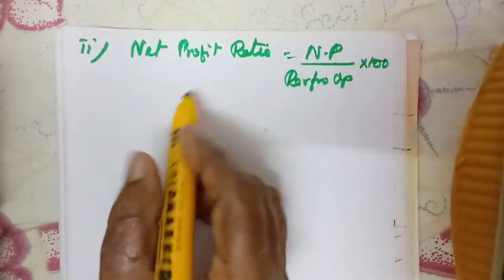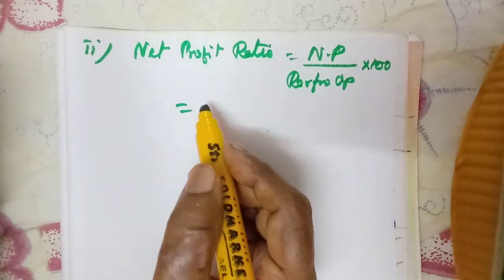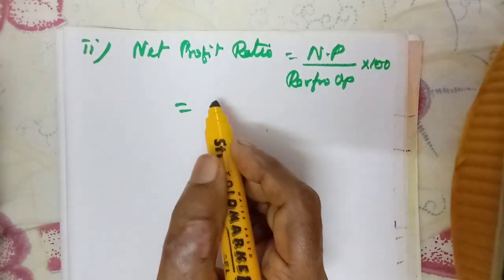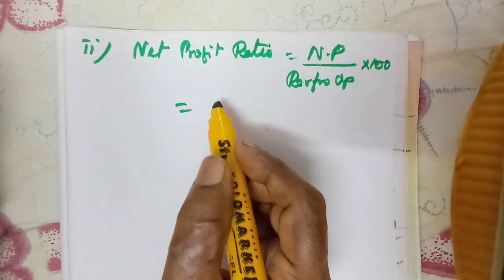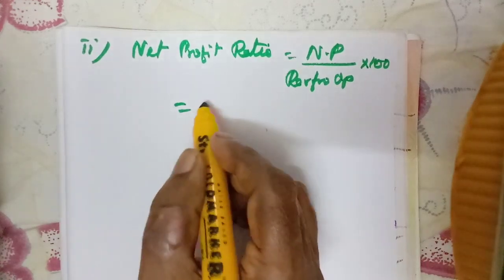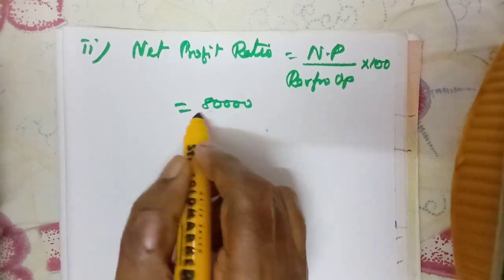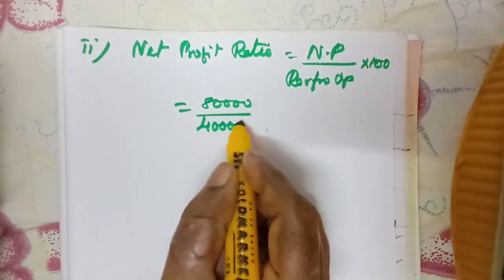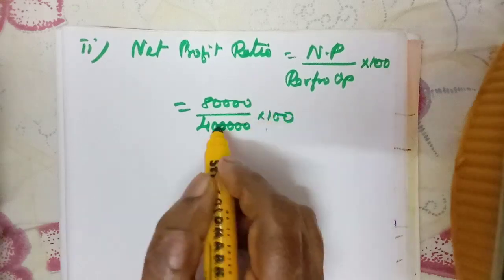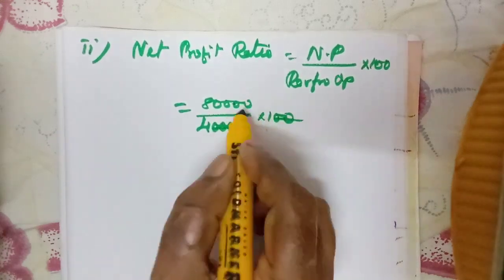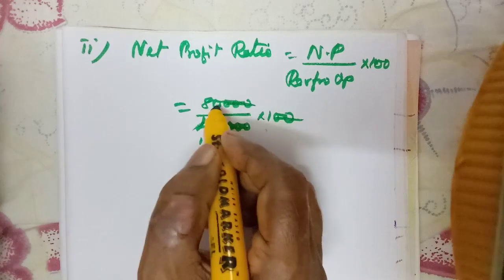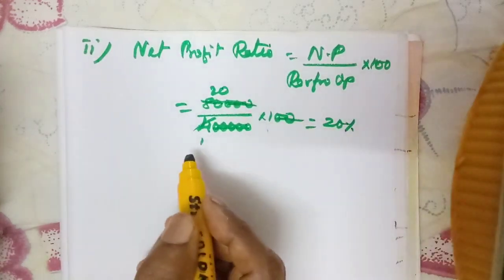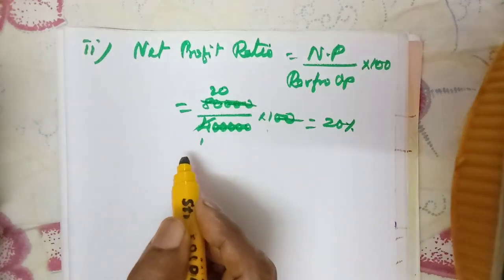Now net profit is given, 80,000, that is the last one, Roman number 5 in the table, profit before tax 80,000. Then revenue from operation 4 lakh into 100. 80 by 4, 20. So 20% is the net profit ratio.